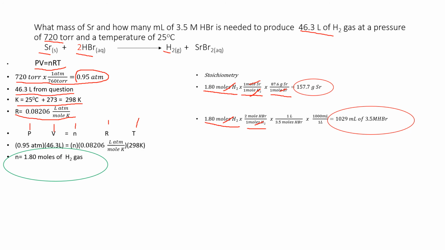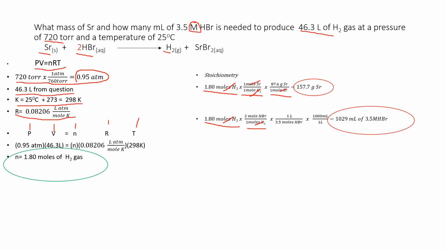We want to know what volume at a specific concentration. So again, remember back to what we talked about before. Whenever you see that molarity, that capital M, rewrite what it really is. That many moles per 1 liter, and then use it as a conversion factor. So 3.5 moles of HBr for every liter.